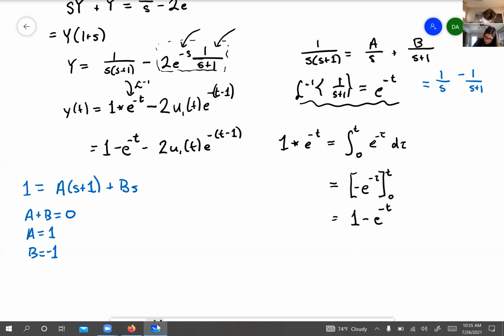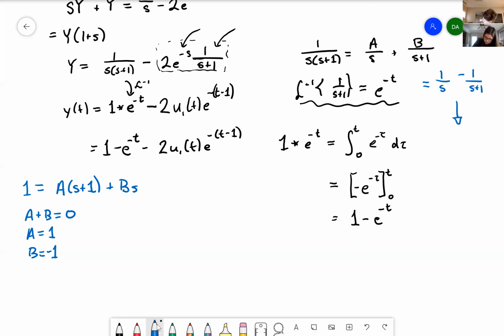And, lo and behold, we take the inverse Laplace transform of this, we get 1 minus e to the minus t. So we did the convolution correctly. And we got that part. And then this part, we just did the ordinary.